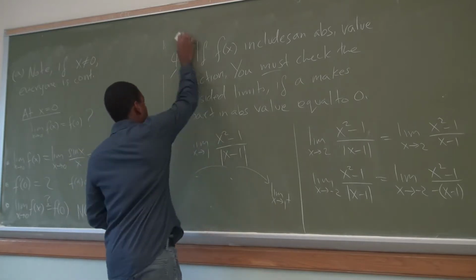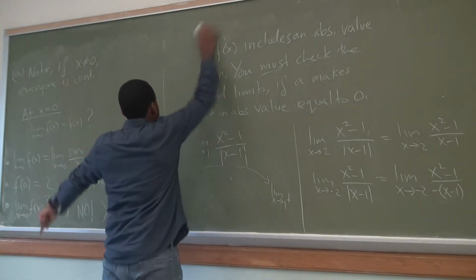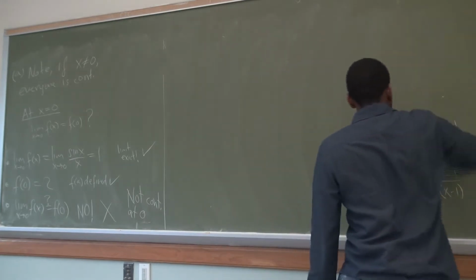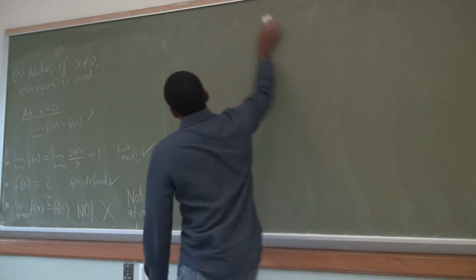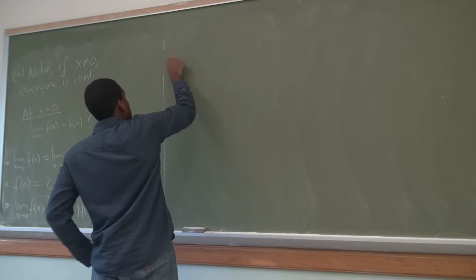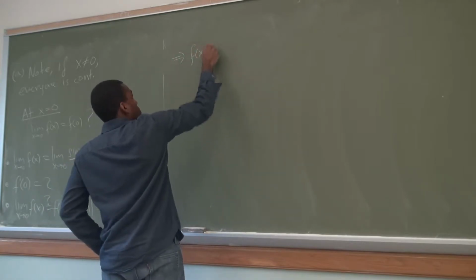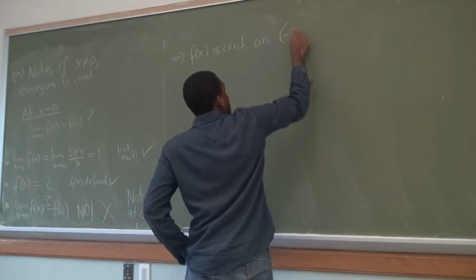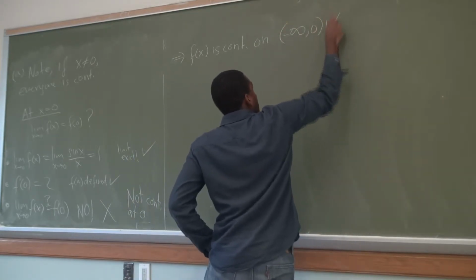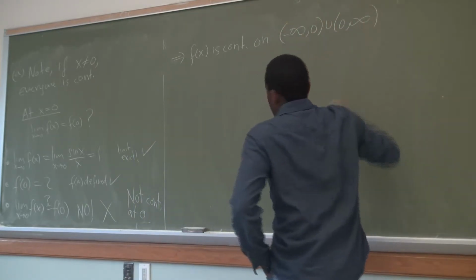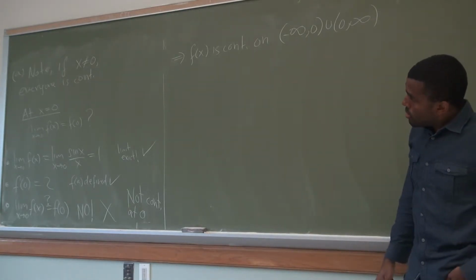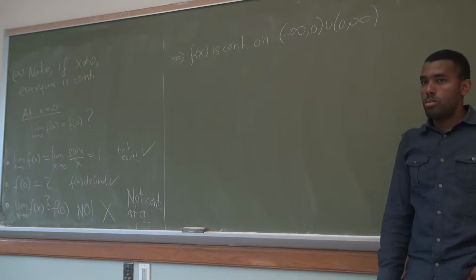Therefore, where is it continuous? Everywhere else we're fine, but 0 is a problem. So, everywhere except 0. Any questions on that?